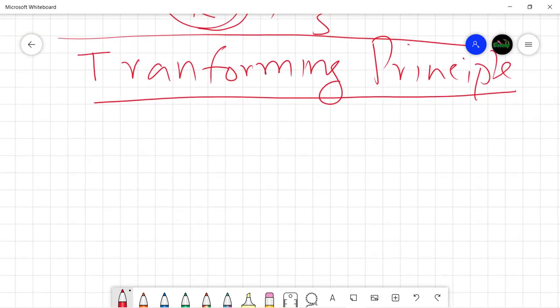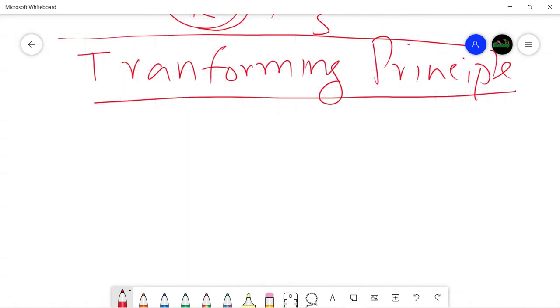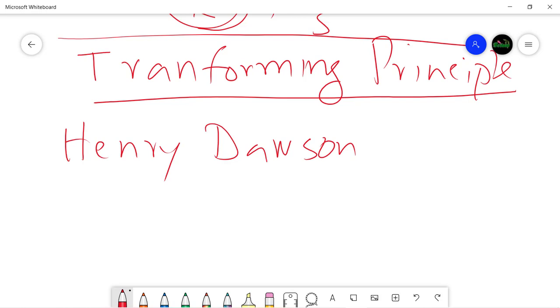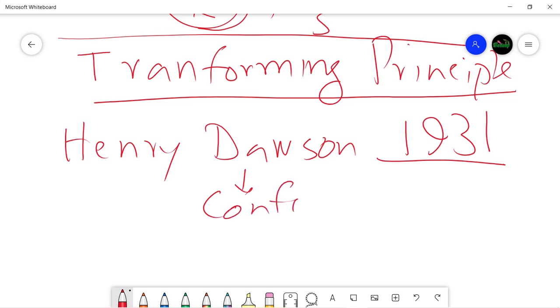Now, after the discovery of Frederick Griffith, some other scientists also performed these experiments. In fact, they confirmed the discovery of Frederick Griffith. The first person was Henry Dawson of Rockefeller Institute. He performed experiments in 1931 and confirmed the discovery of Frederick Griffith.